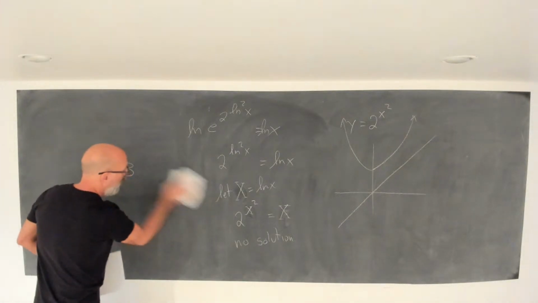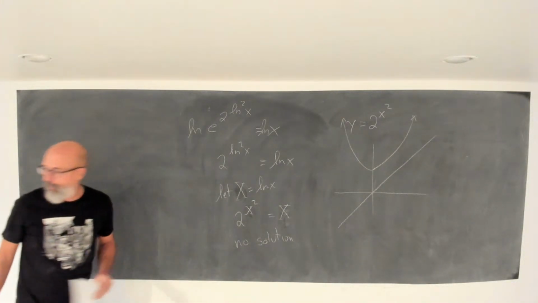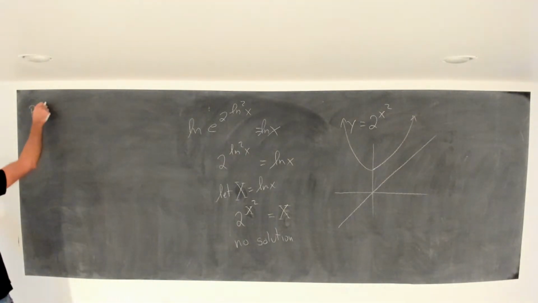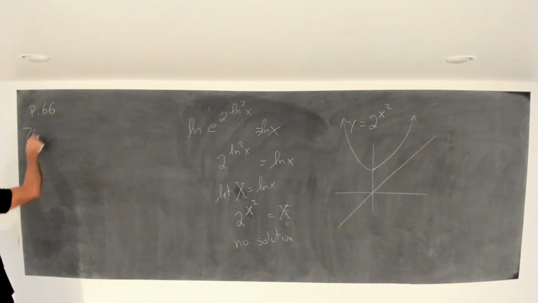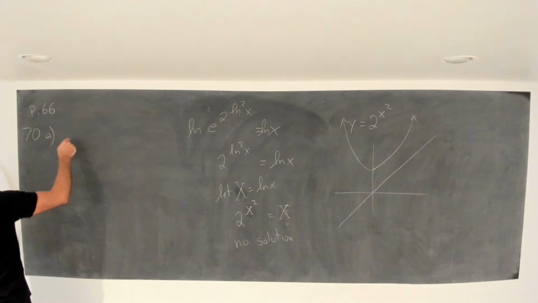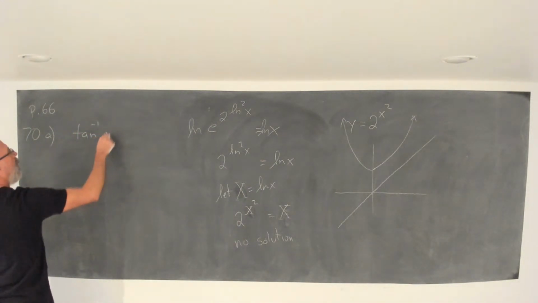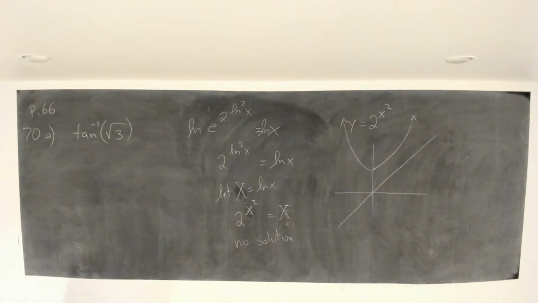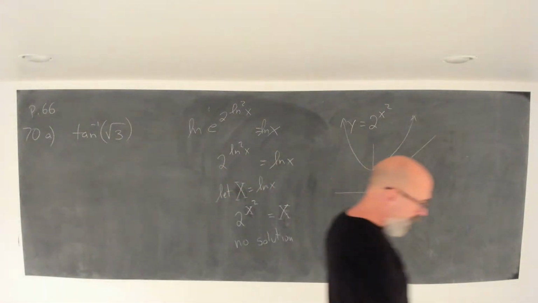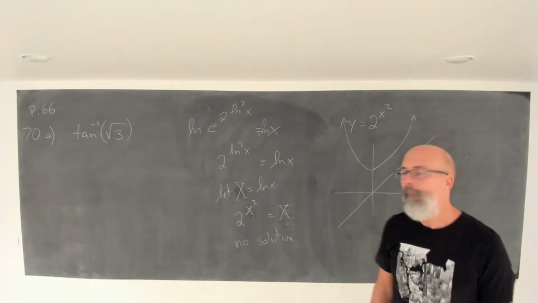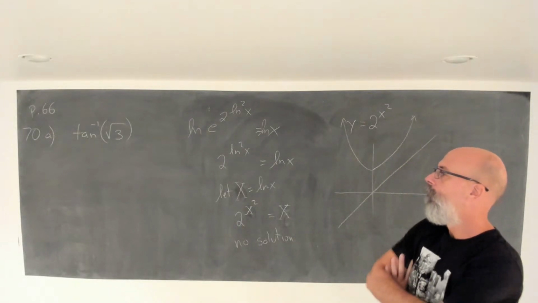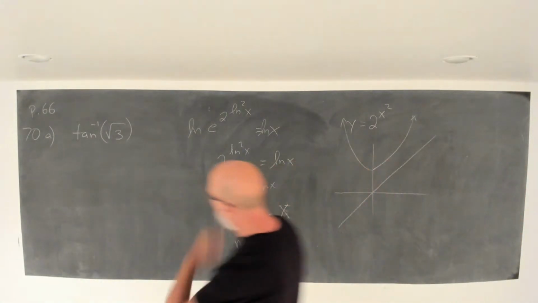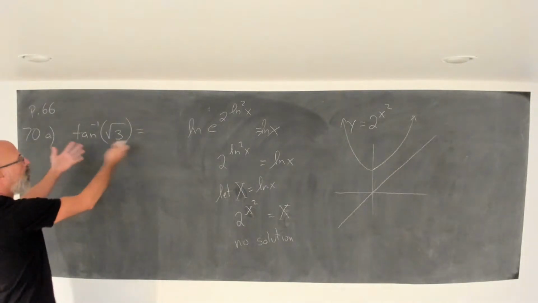Let's move on back to what we were doing last time, namely inverse trig functions. Let's do a few examples of that. We are asked to evaluate arctan of root 3. Right, so we don't know what that is, so let's give it a name.